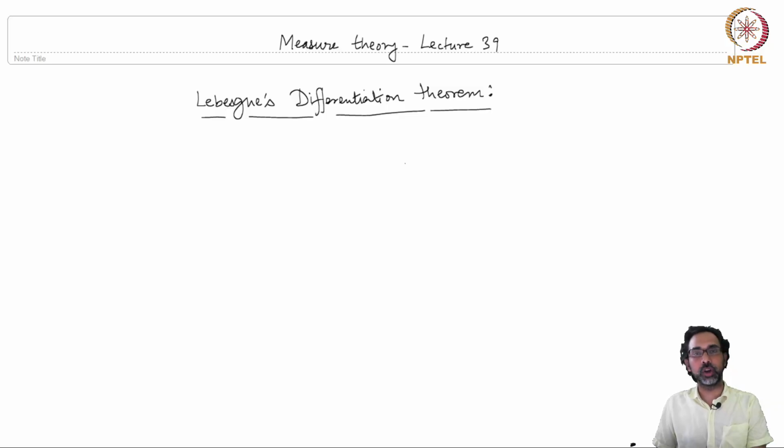So now we come to a new topic, which is Lebesgue's differentiation theorem. As the name suggests, this differentiation theorem relates the concept of derivative with Lebesgue's integration theory.